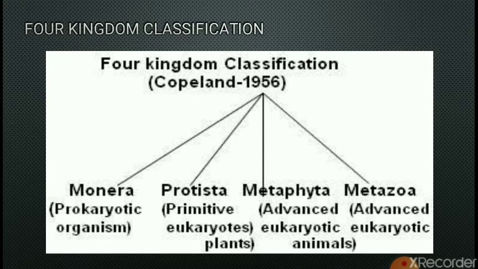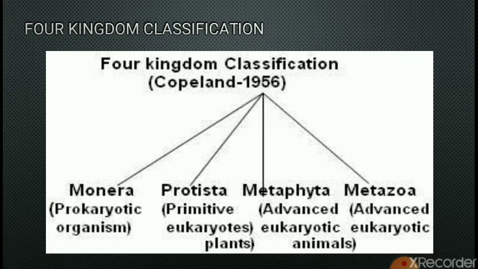Hence, in 1956, Copeland classified organisms into four kingdoms: Monera, Protista, Metaphyta, and Metazoa.